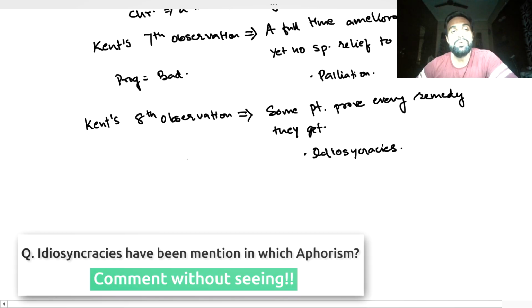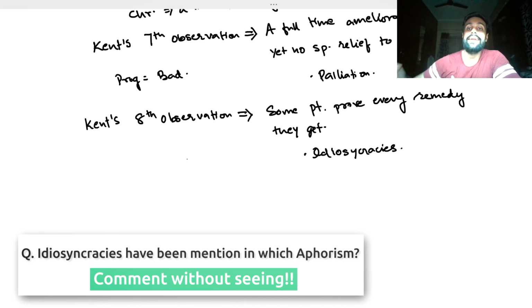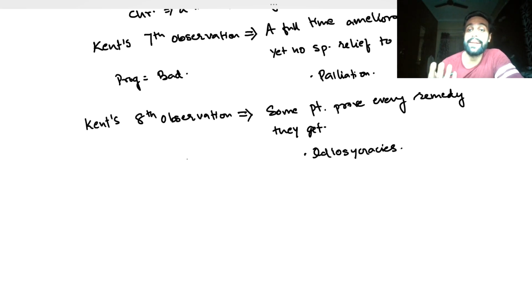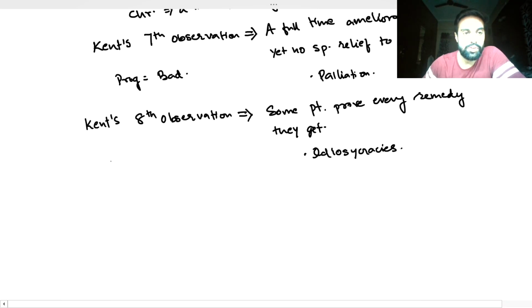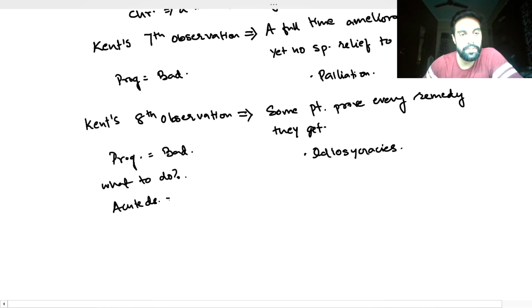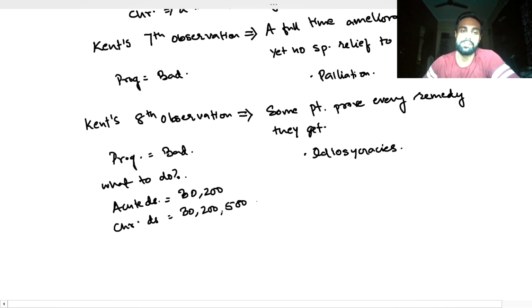So if you get an MCQ, which Kent's observation are idiosyncrasies, or idiosyncratic patients are which observation of Kent? So the answer is eighth observation. So the prognosis is bad. And what to do? In acute diseases, give 30 and 200 potencies, and in case of chronic diseases, give 30, 200 and 500 potencies.